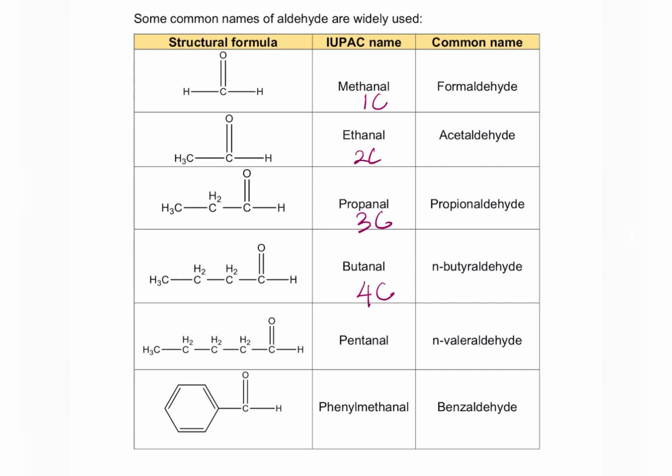Next, I have pentanal with 5 carbon atoms, so the name for that is n-valeraldehyde. And the last one, I have phenylmethanal, which is the IUPAC name when you use the priority list, if you have the benzene ring as your alkyl group.